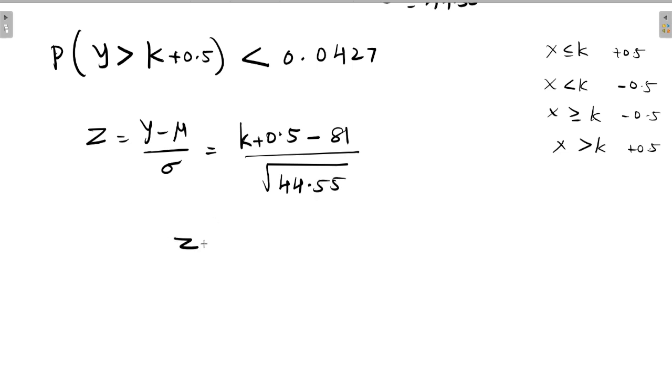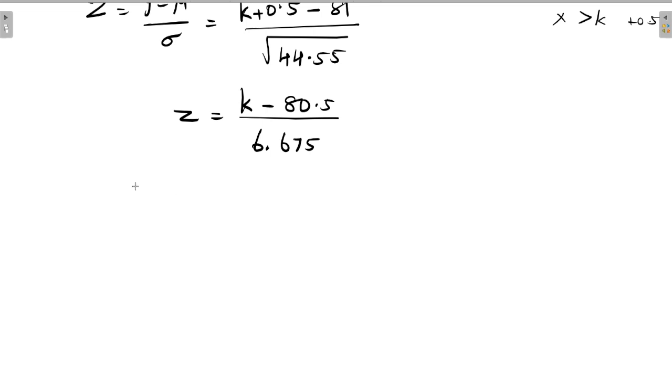So z equals k minus 80.5 divided by the square root of this value, which is 6.675. Now we are converting this into the probability.